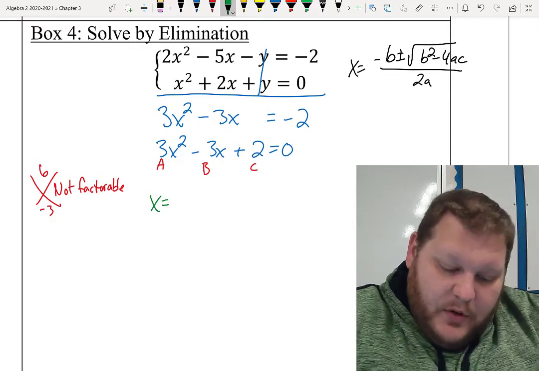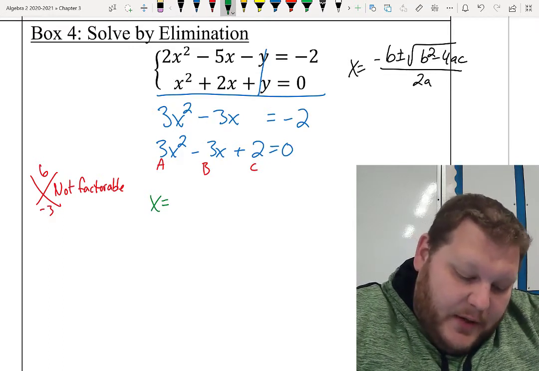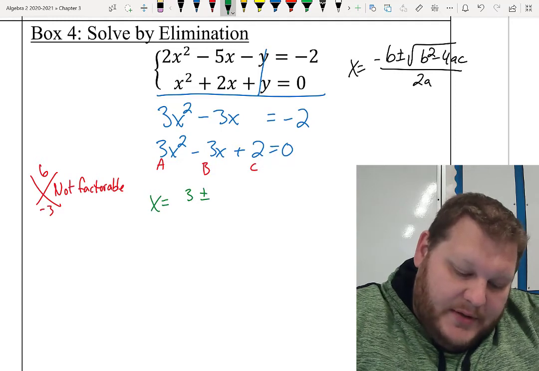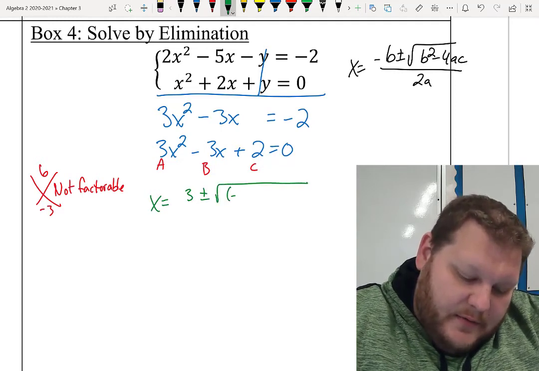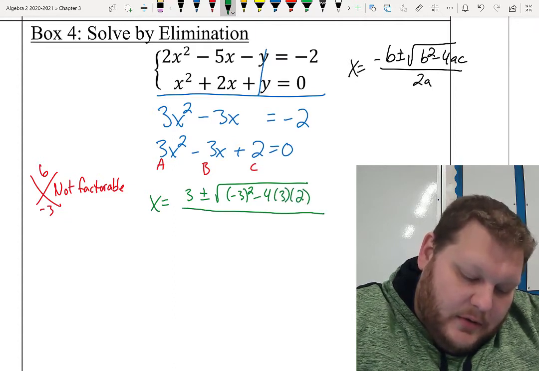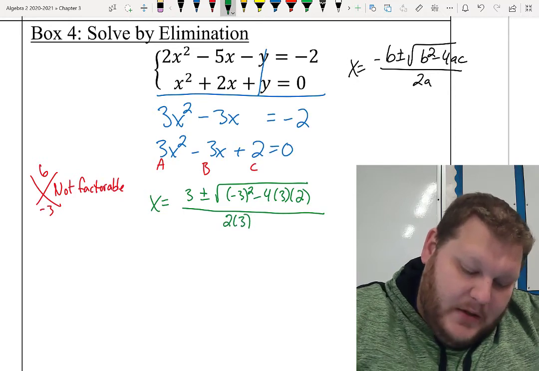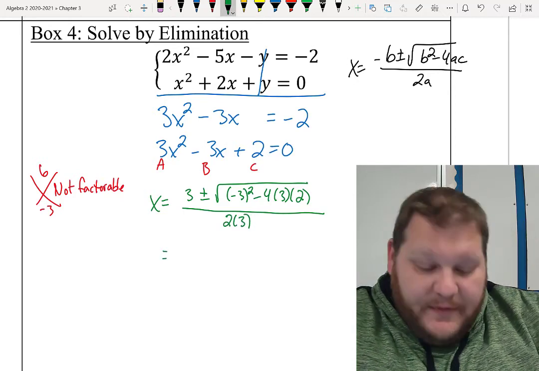So if I plug in my numbers, -b would be +3, plus or minus the square root of -3 squared minus 4 times a times c, all over 2a.